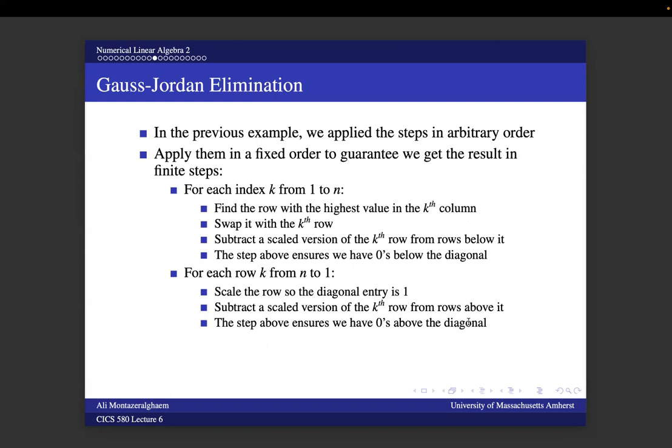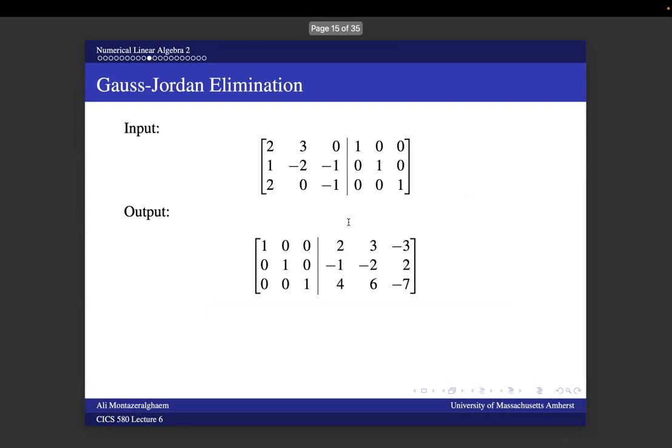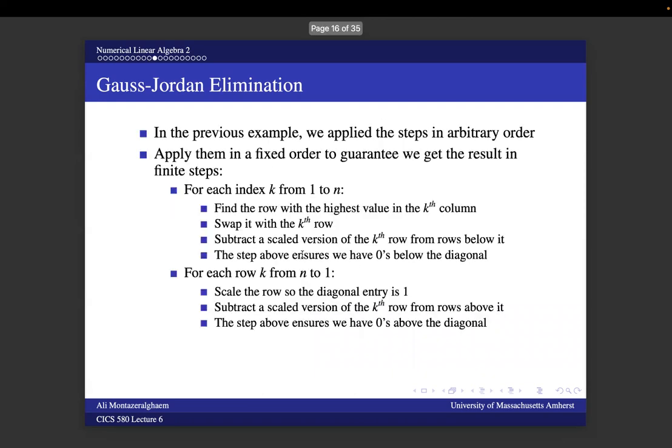So just keep in mind that we have 2 for loops. The first loop makes sure that we have 0 below the diagonal, and the second for loop is just to make sure that we have 0 above the diagonal.